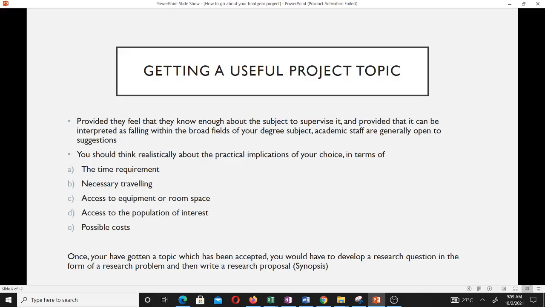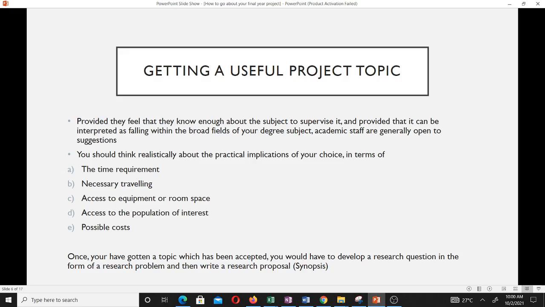Provided that the supervisors feel that they know enough about the subject to supervise it, and provided that it can be interpreted as falling within the broad fields of your degree subject, academic staff are generally open to suggestions.